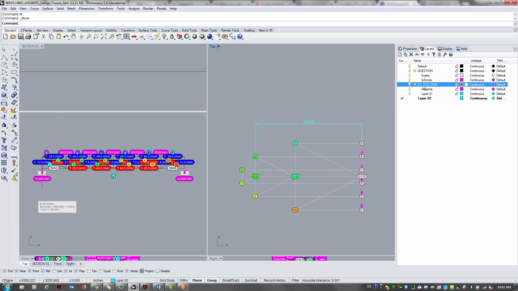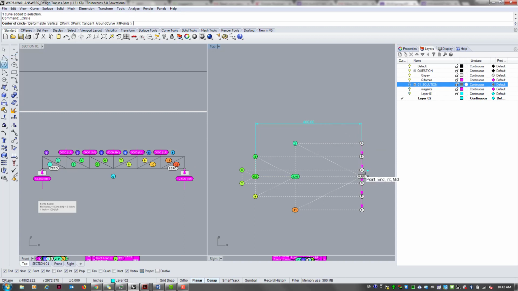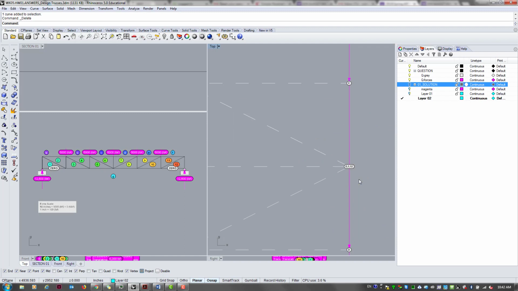So what we want is for this guy to shrink to 160. So what I would do is draw a circle starting from point G with a radius of 160, right?